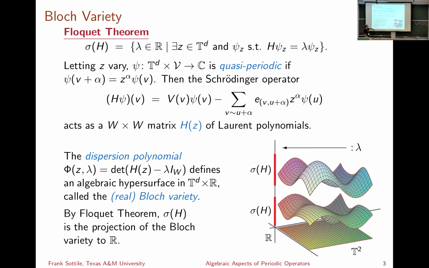This is a polynomial in the space T to the D cross R, and that's called the real Bloch variety. And since people are algebraists in here, this is not Spencer Bloch. This is someone with a Nobel Prize, who's probably also in the National Academy of Sciences, who just doesn't do algebraic cycles. And by the Floquet theorem, the spectrum is just the projection of the Bloch variety to R.